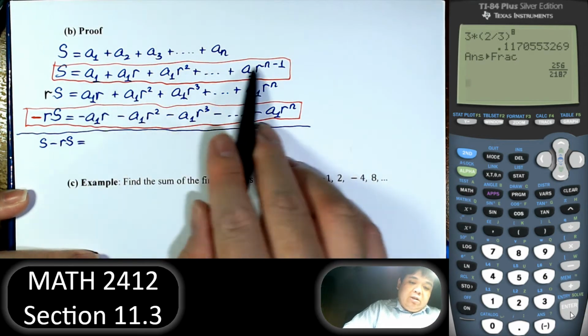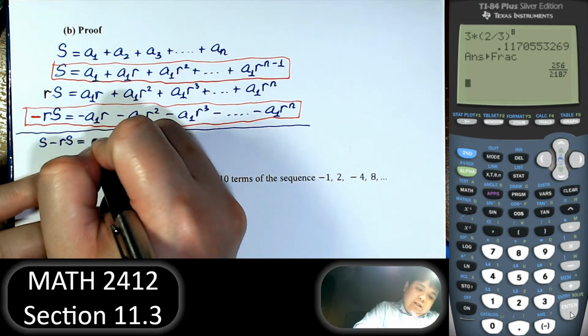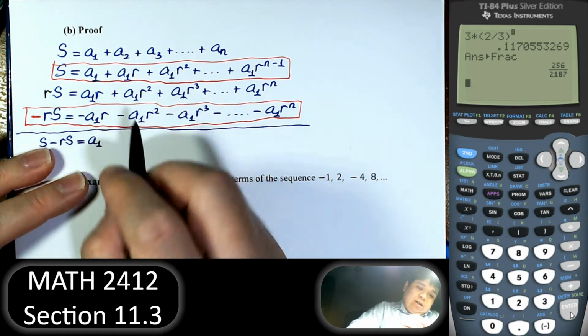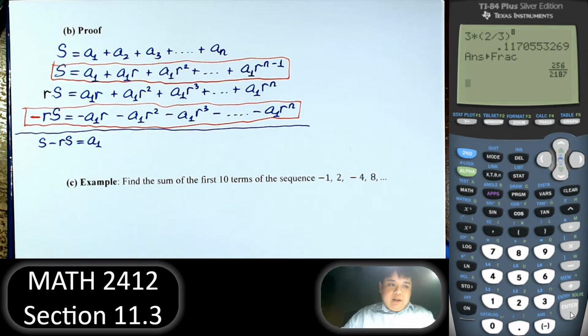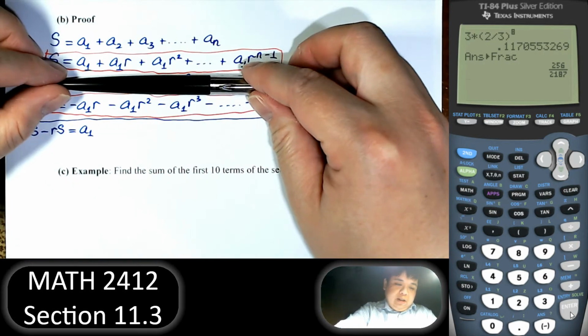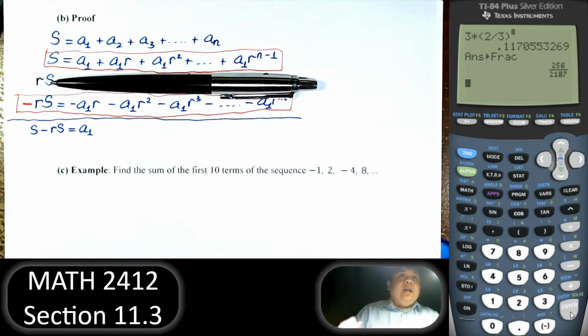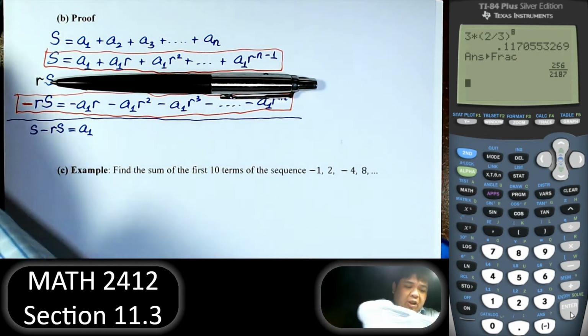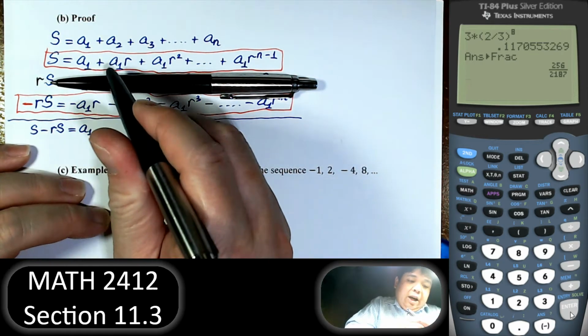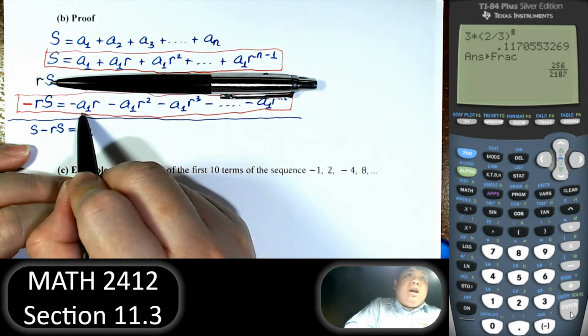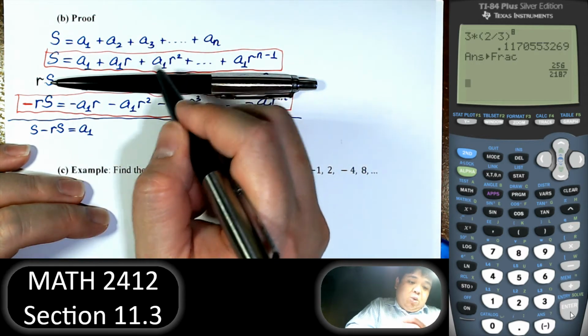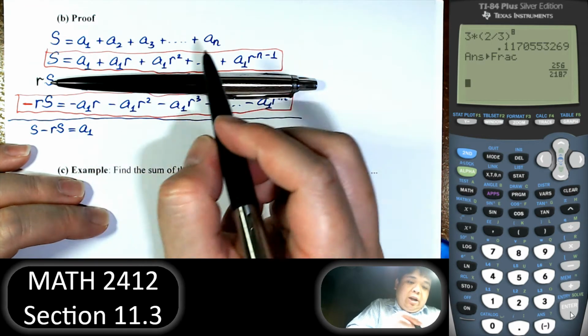I'm going to write this first, and I'm going to write that a1. If you take a look at that, if we combine them, a1 r minus a1 r, a1 r squared minus a1 r squared, and so on.